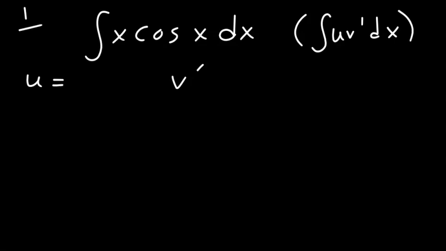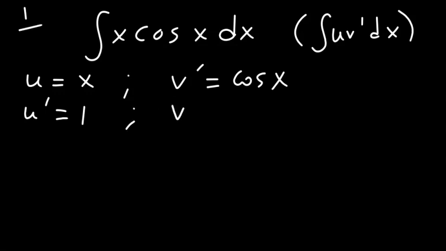I'm going to choose x as my u, and v prime is the remaining term, which is cosine of x. So u prime is 1, because the derivative of u with respect to x is 1. And to get from v prime to v, you need to integrate v prime with respect to x. When you integrate cosine x, that will just give you sine x.